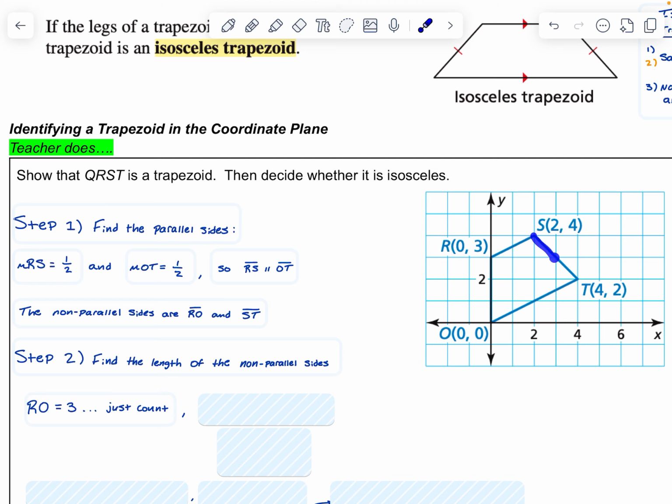But ST, yeah, we can't really count that. So how are we going to find the length of that side? Distance formula.